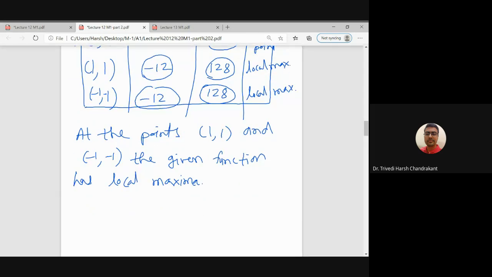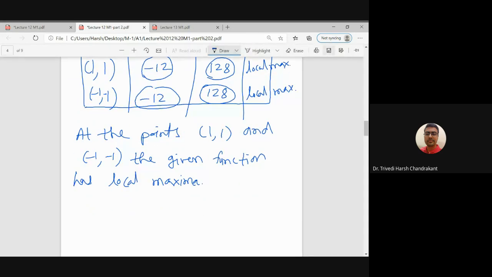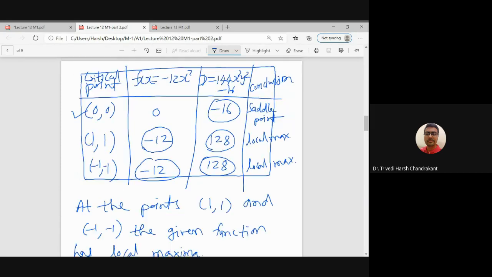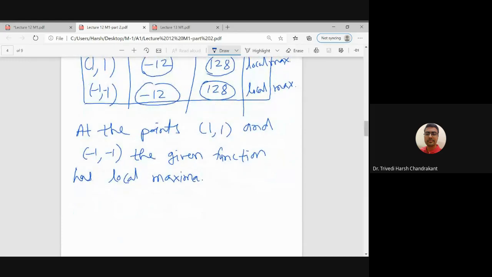And what else we get as information is that 0 comma 0, that is the origin, is the saddle point. So at 0 comma 0, the given function has a saddle point.